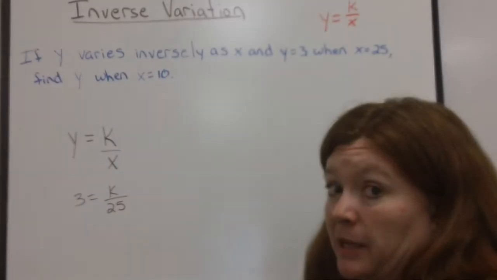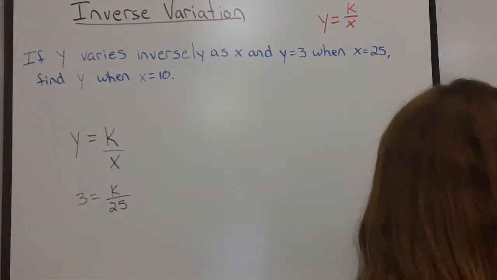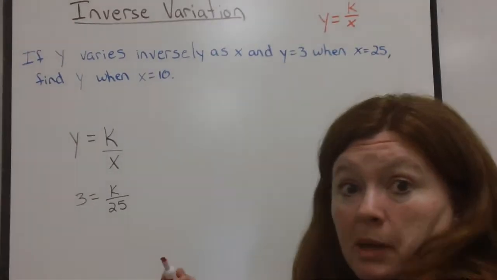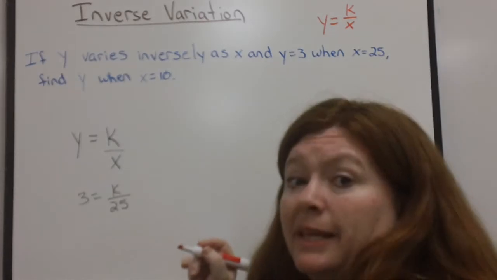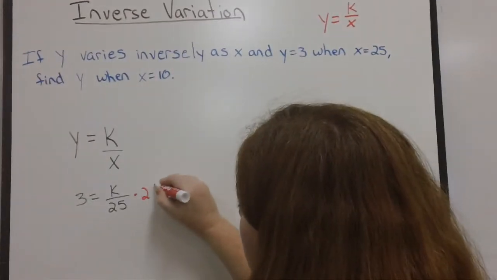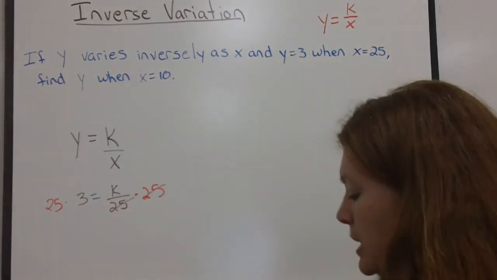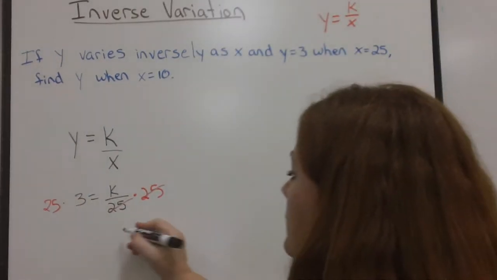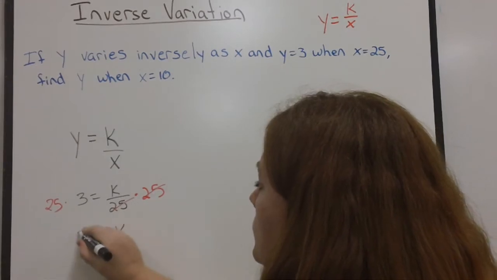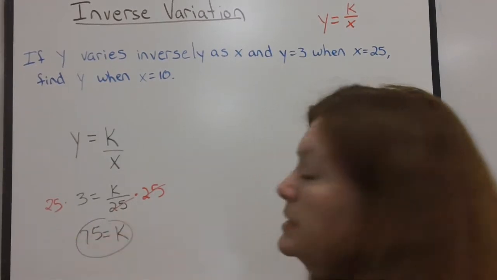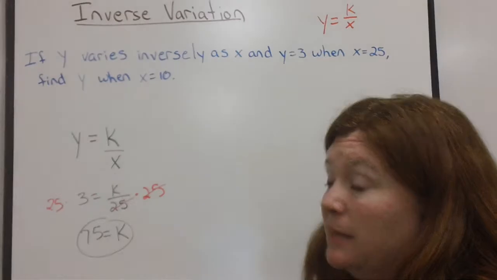K is being divided by 25. So the opposite of dividing by 25 would be to multiply. Ooh, I shouldn't have said opposite. The inverse. 25. These 25s will cancel, and I am left with k is equal to 75.